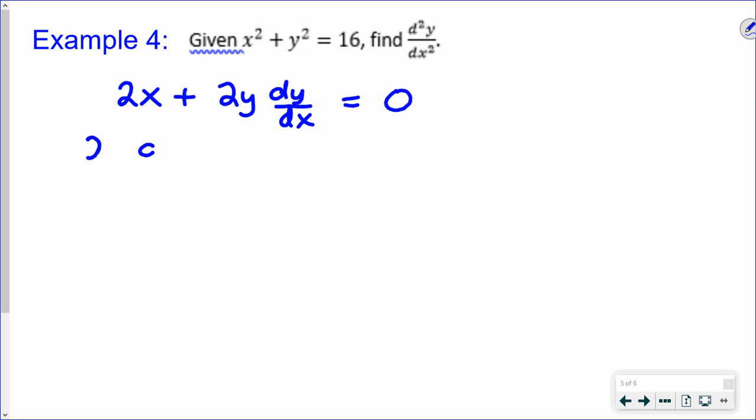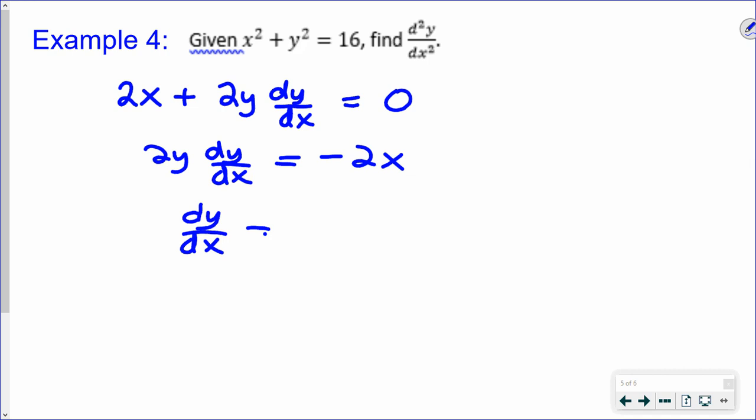So I would subtract the 2x and bring it over to the right. Again, just trying to separate the variables. And then we can just divide by 2y. So dy over dx would equal negative 2x divided by 2y. And then the 2 over 2 simplifies to 1. So we end up with negative x over y.